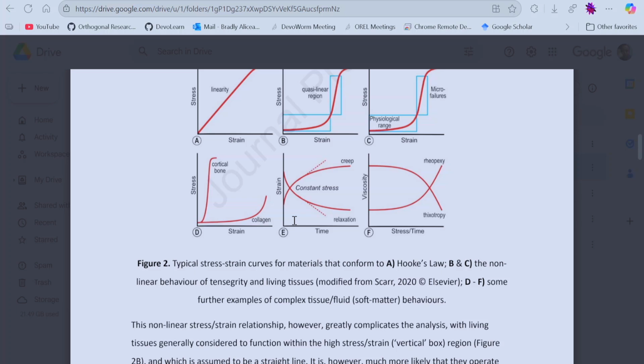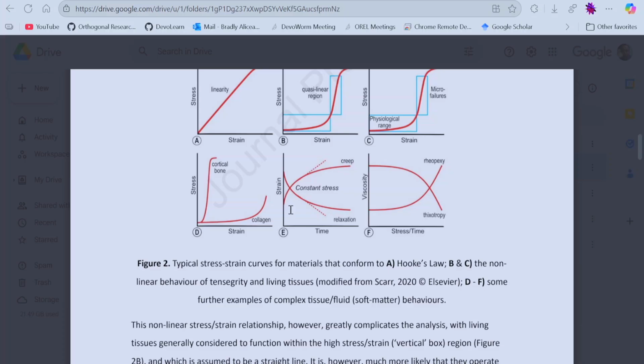If you have a model of a limb where you have cortical bone, hard bone, and then collagen, skin and muscle, those all have different stress strain curves. So you have to account for those in proportion when you're modeling the actual limb of an arm or a leg or something like that.